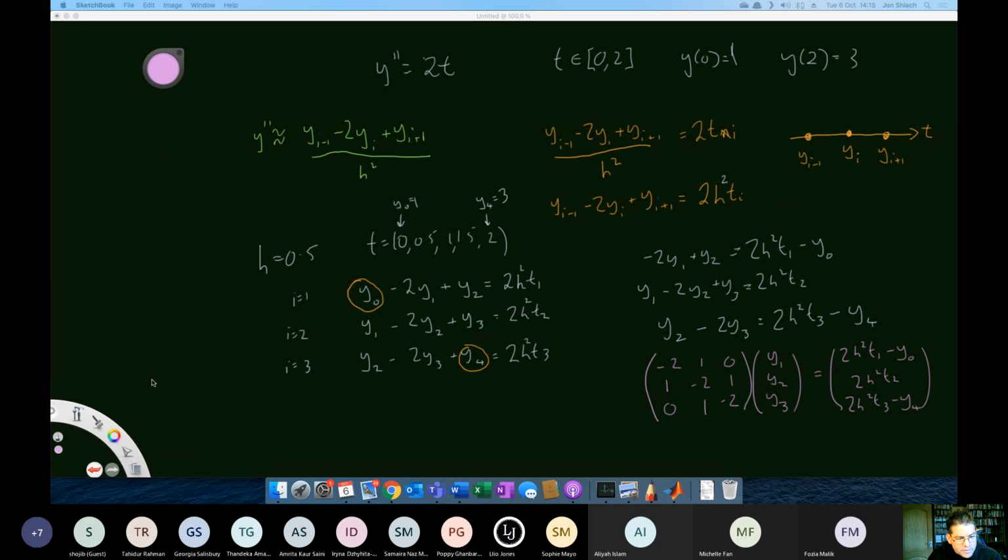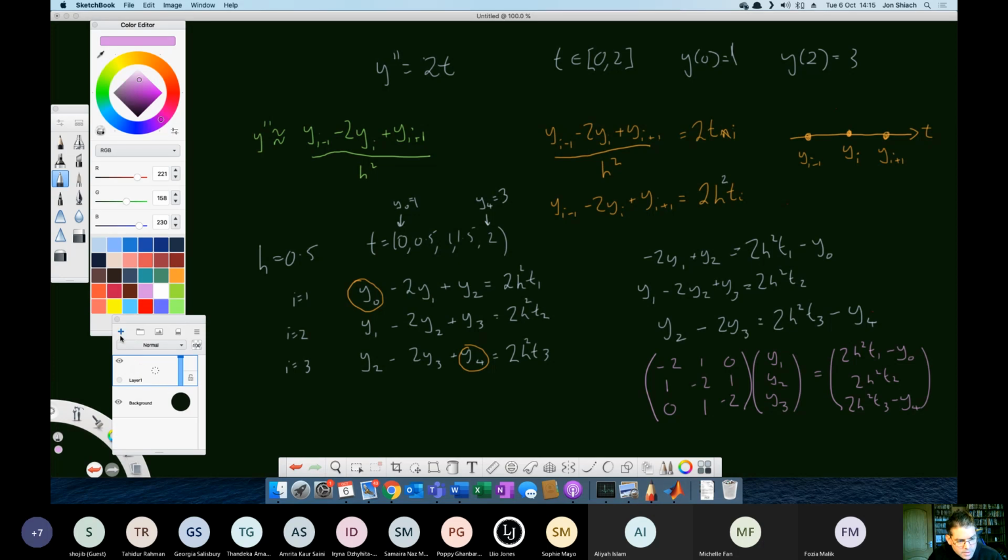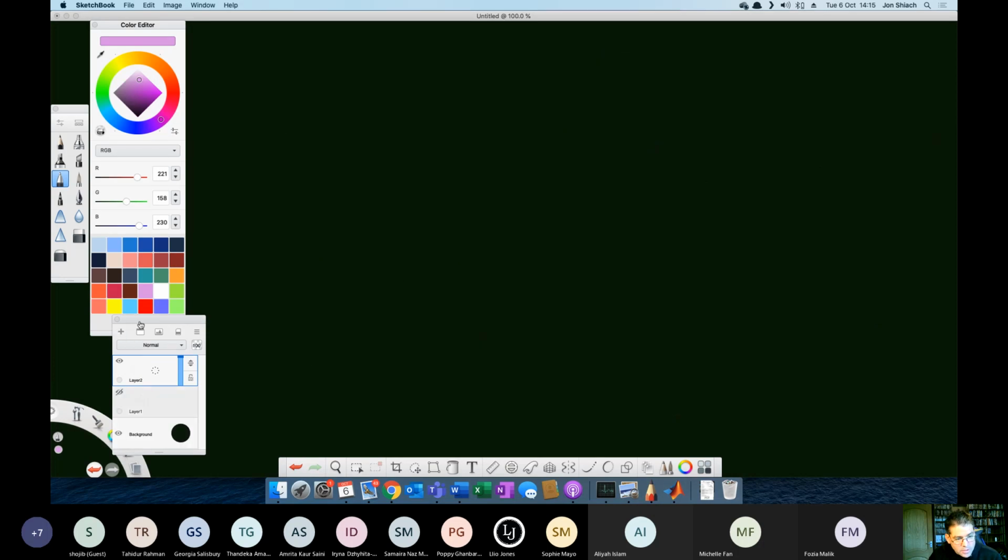Okay, right. So where was I? Okay, so we can invert the matrix. So I'm just going to clear that screen now, and just to remind ourselves what the equation was: minus 2, 1, 0, 1, minus 2, 1, 0, 1, minus 2, times y1, y2, y3.